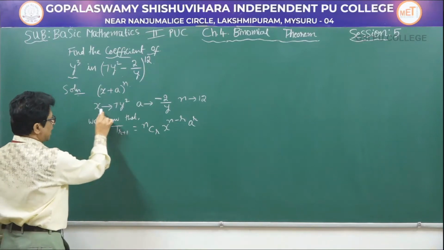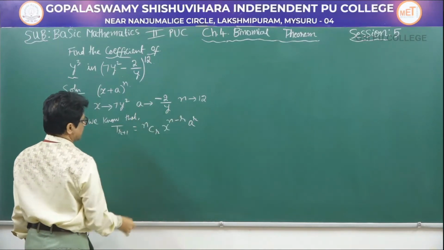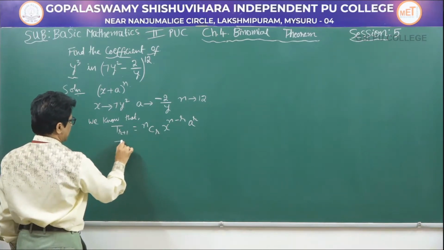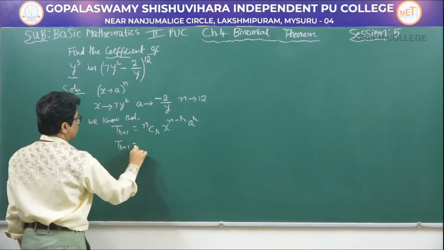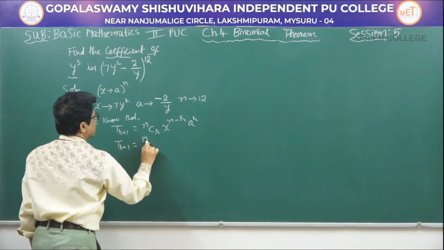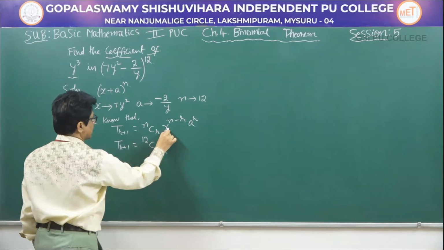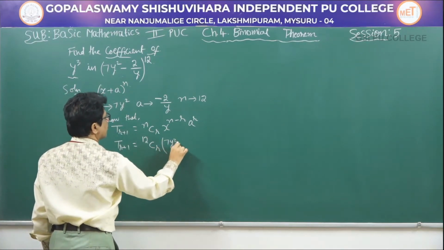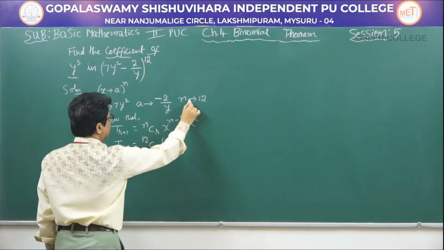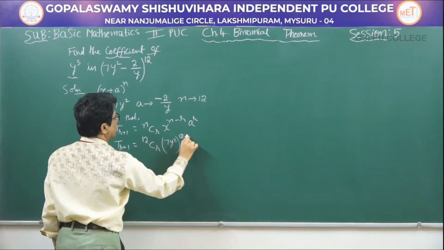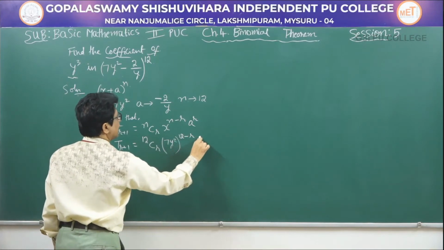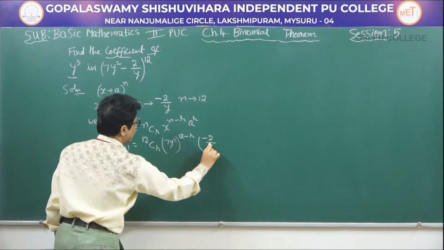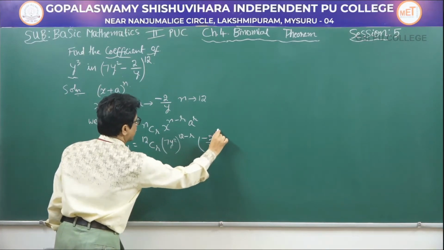Substituting the values of x, a and n in the T(r+1)th term, we get T(r+1) is equal to, n is 12, 12Cr into x, x is nothing but 7y square, whole power n minus r, n is 12 minus r, into a, a is minus 2 by y whole power r.